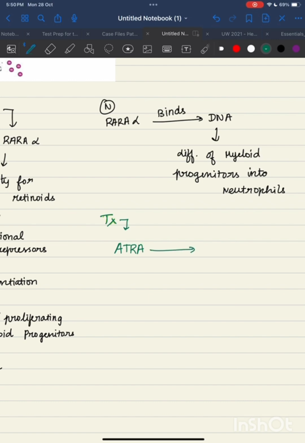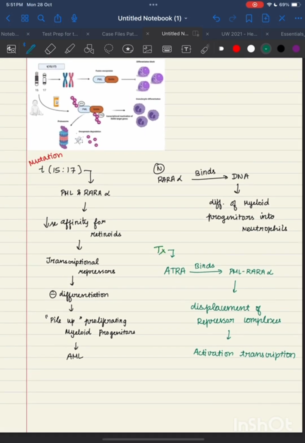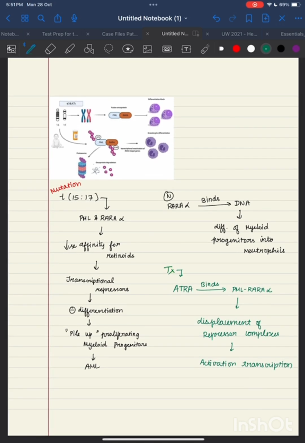It will bind to the PML-RARA gene and displace the repressor complex, which leads to activation of transcription. So it clears the myeloid progenitor accumulation. This is what is used for treatment of AML.